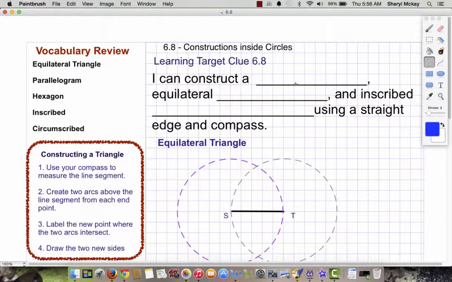Motion Madness. And our learning target is I can construct a parallelogram. So go ahead and write the word parallelogram.